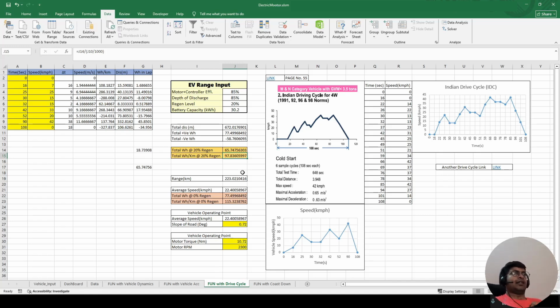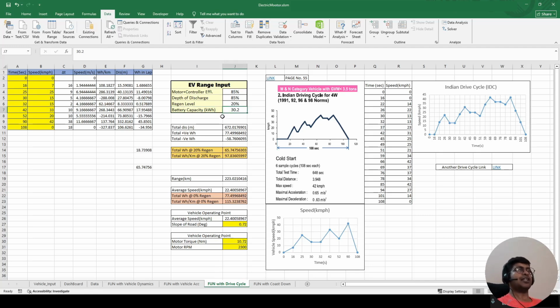Now if we know this value, we can calculate the range of our vehicle, and for that we need to know the battery capacity in our vehicle. The way we define battery capacity in an electric vehicle is with the unit called kilowatt hour. For a typical four-wheeler electric vehicle, I have considered 30.2 kilowatt hour battery capacity.